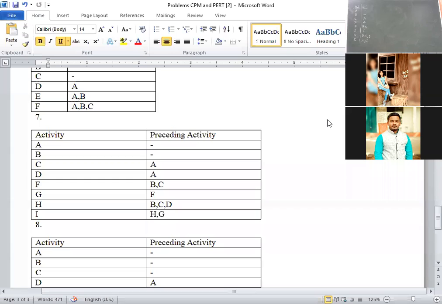Vaishnavi, got the answer? Yes, ma'am. 7 nodes and 1 dummy activity. Very good, keep it up.